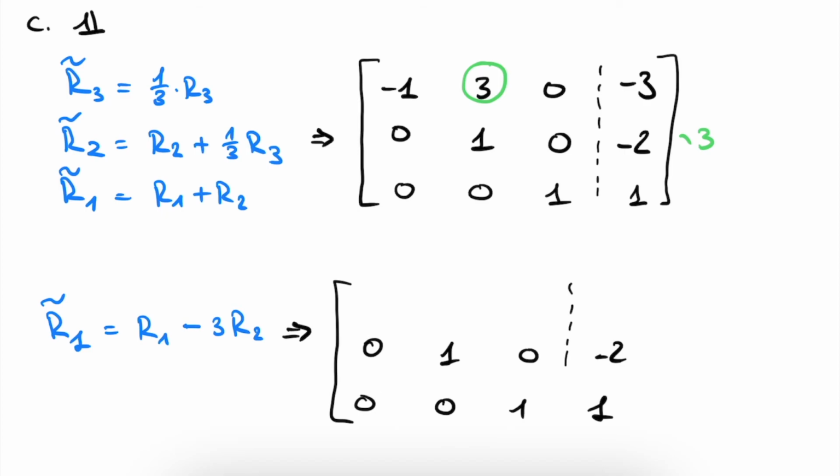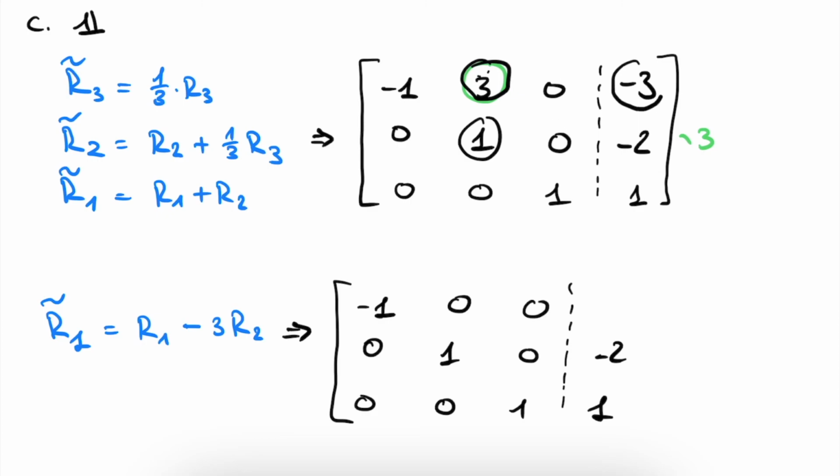And then for the first row, we subtract 3 times the old second row. So we get -1 minus 3 times 0 still remains -1. We have 3 minus 3 times 1, which is 3 minus 3, which is 0. And then we have 0 minus 3 times 0, which is of course 0.